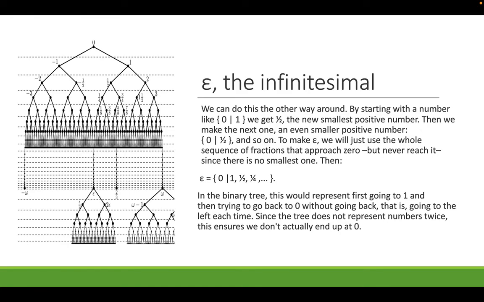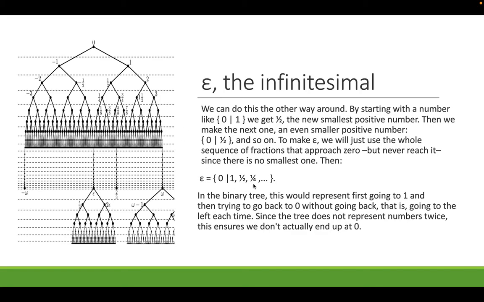Then we make the next one, an even smaller positive number, 0 bar 1/2. To make epsilon, we will just use this whole sequence of fractions that approach 0 and never reach it, since there's no smallest one. And then we have epsilon equal to 0 bar 1, 1/2, 1/4, 1/8, 1/16, and so on.